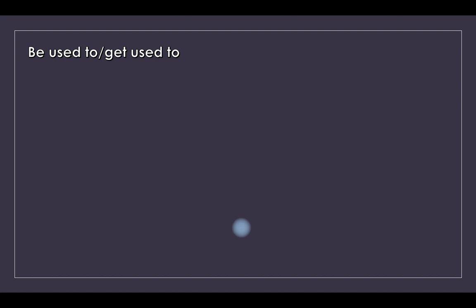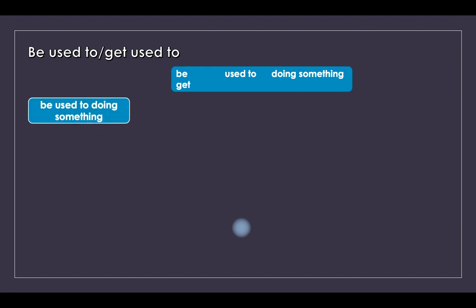Be used to, get used to. That's another grammatical form which is used with gerunds. Be used to doing something or get used to doing something. Be used to doing something means being accustomed to doing something.